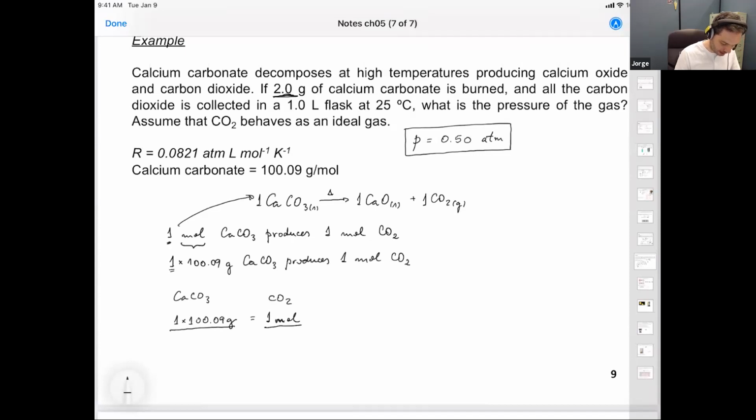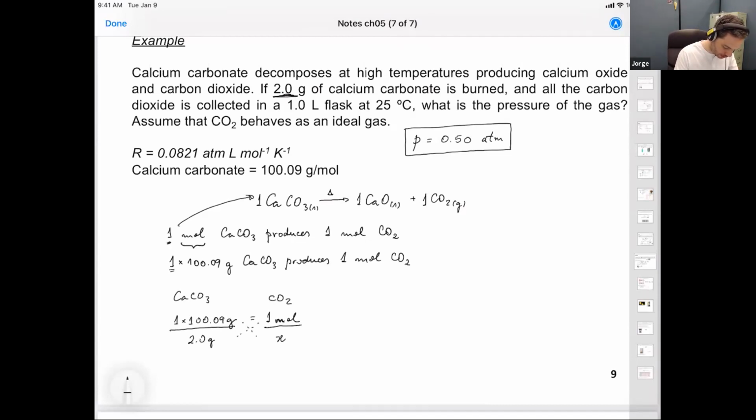The second line, we are going to use the information that was provided during the exercise, 2 grams, and that's going to produce X mole of CO2.